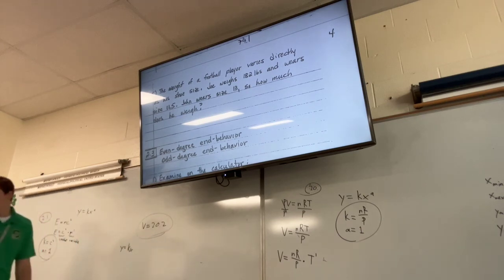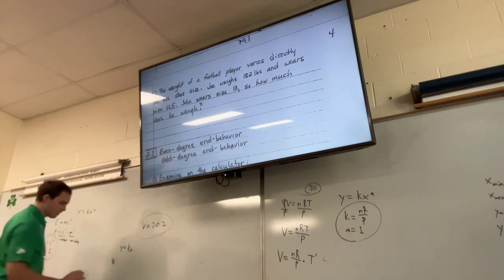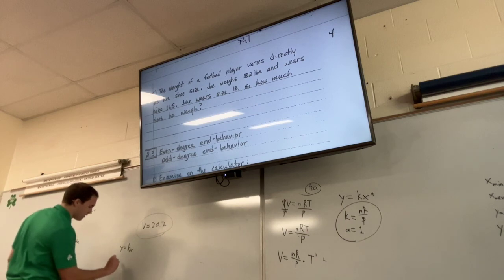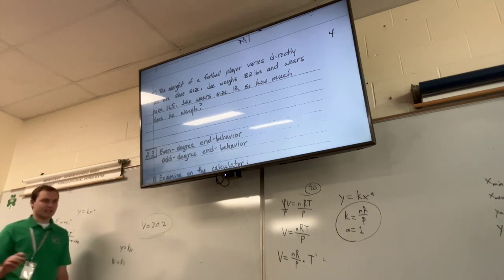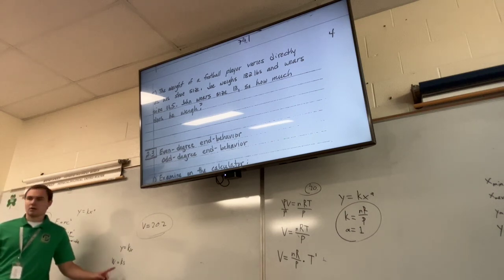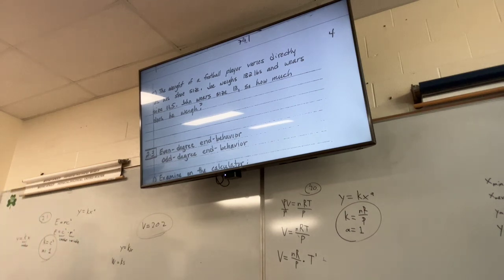Let's make weight just equal to W. It varies directly as shoe size. W equals, I'm going to use S for shoe size, some constant times S, or his weight equals a constant times his shoe size. So what do I need to do first here? How do I find my K?